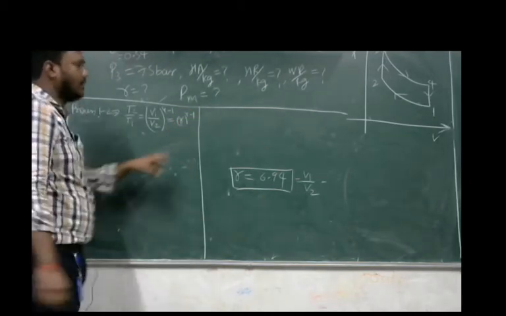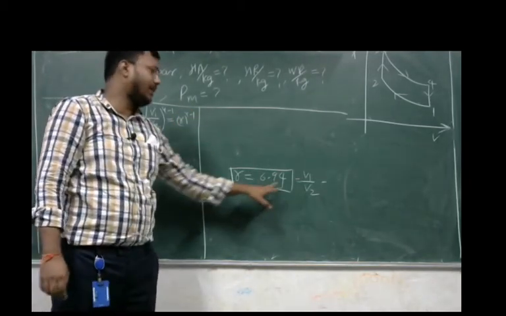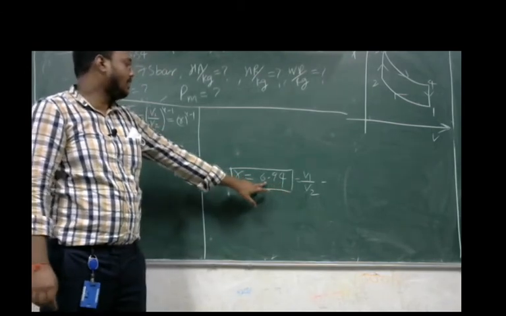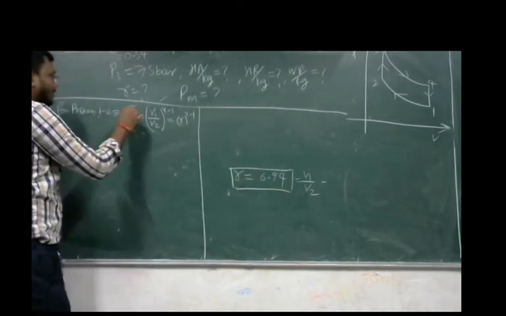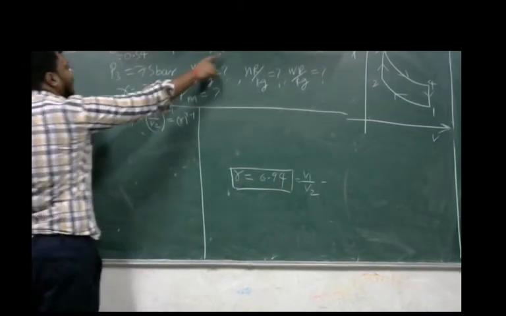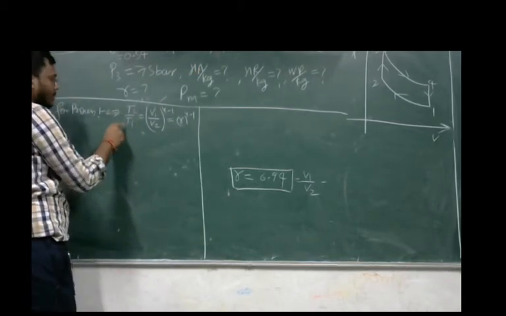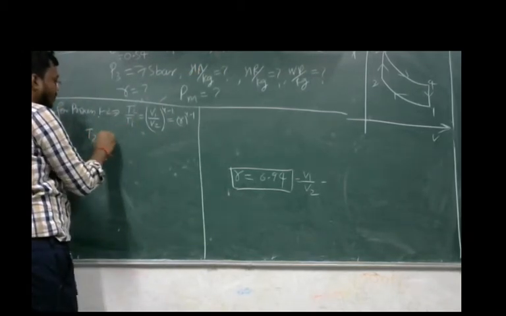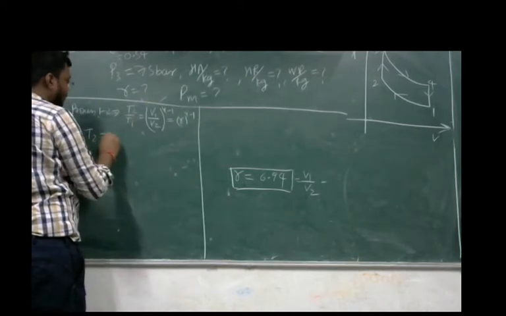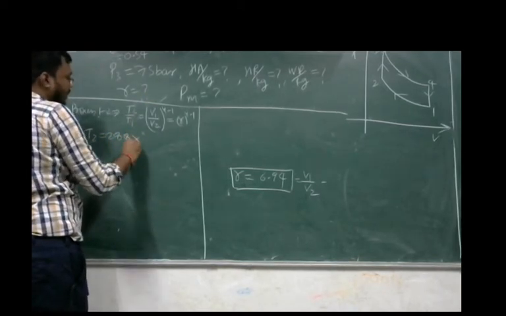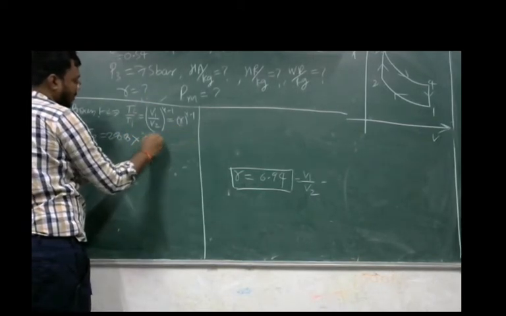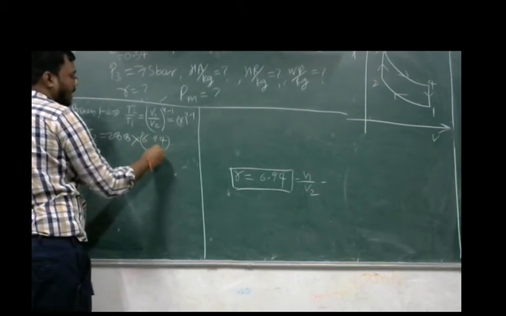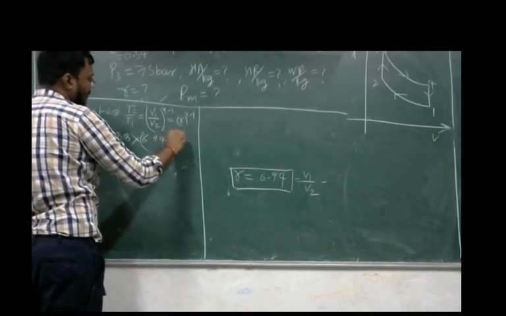We have just calculated the value of r, which is equal to 6.94. So put this value of r here. In the question T1 is given, so put the value of T1 also. We get T2 equal to 288 into 6.94 to the power 1.4 minus 1.